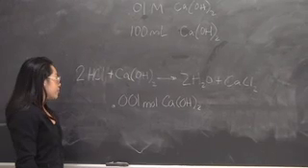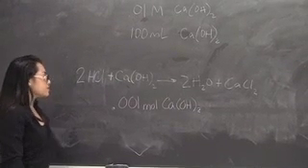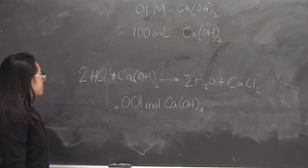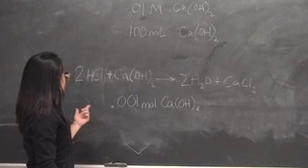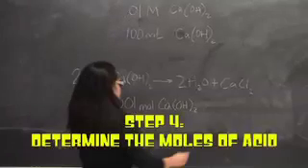Now that we figured out that there is 0.001 moles of Ca(OH)2, we are going to use the mole ratio. For every mole of Ca(OH)2, there are 2 moles of HCl.